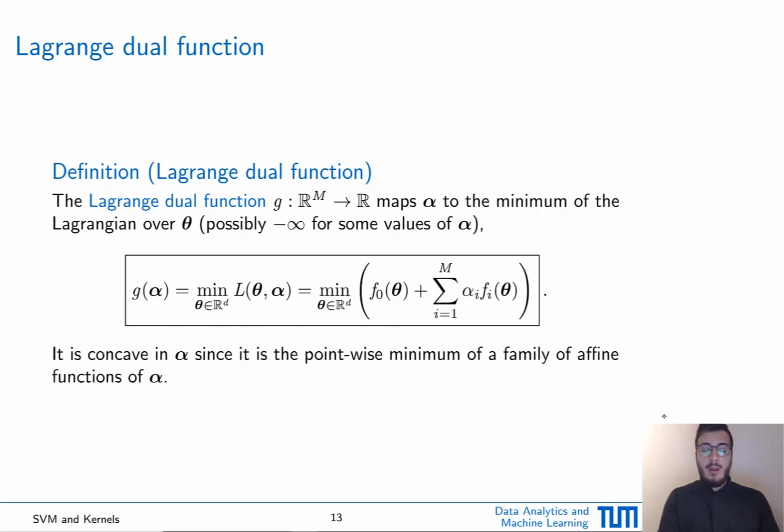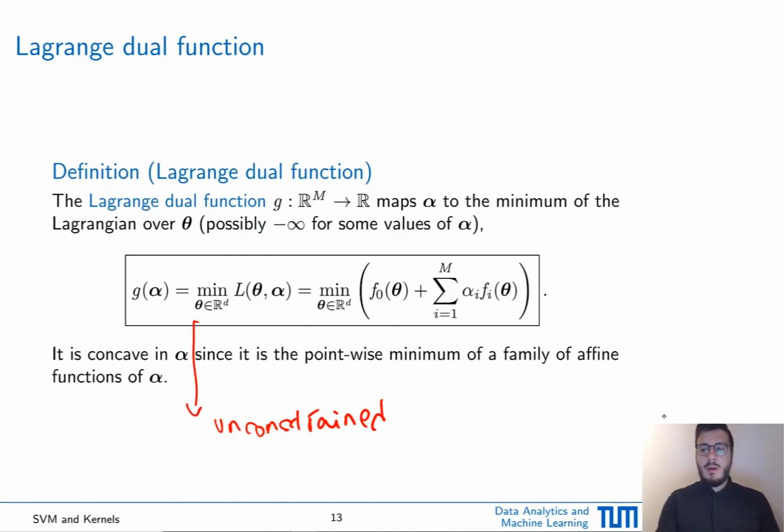The resulting thing is a function of alpha, which we call the Lagrange dual function. Here note that theta is completely unconstrained. So unlike before, where we had constraints on which values the theta can take, in the Lagrangian dual, theta is completely unconstrained.